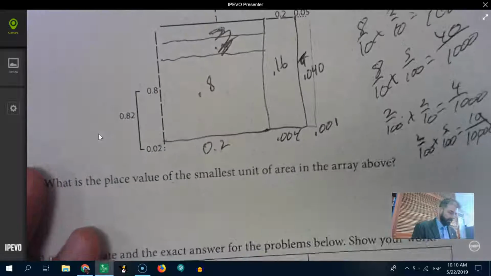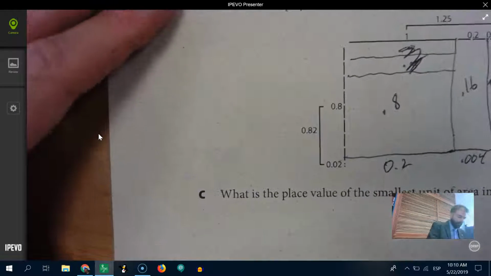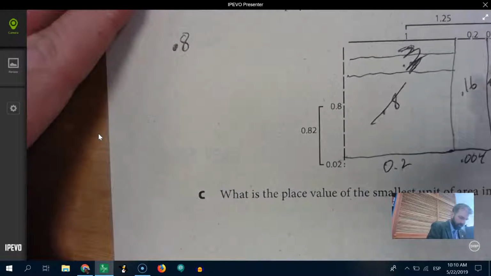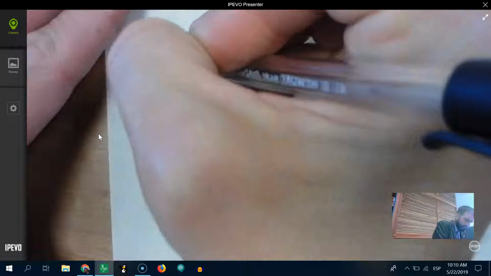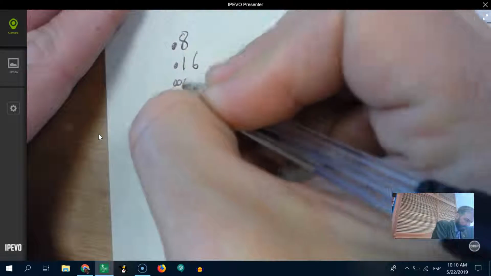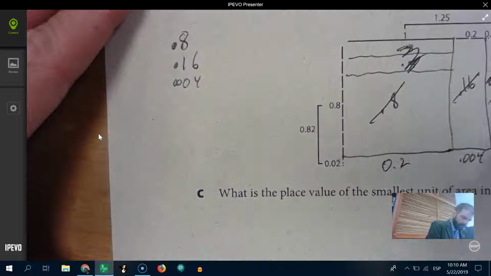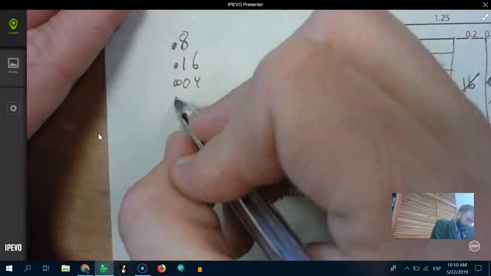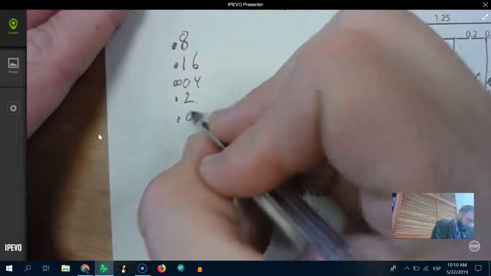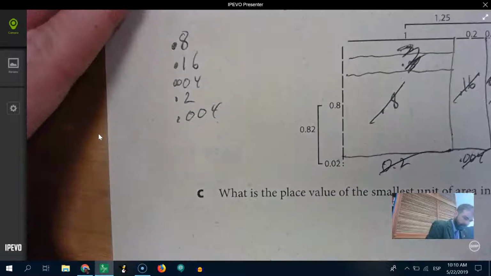Okay, so now I need to add all these together, so I'm going to do that over here. So we have 0.8. I'm going to cross it out since I put it up there. 0.16. 0.040. Really important that you line these up right. 0.2. Oh, yeah. 0.004. 0.001.